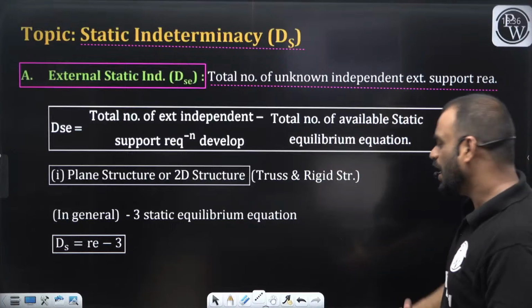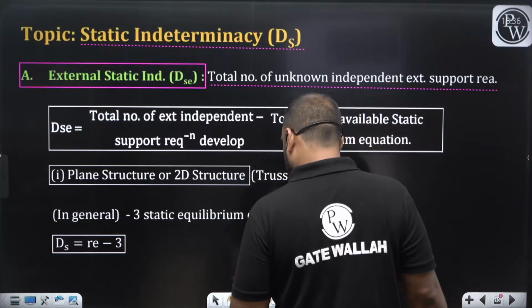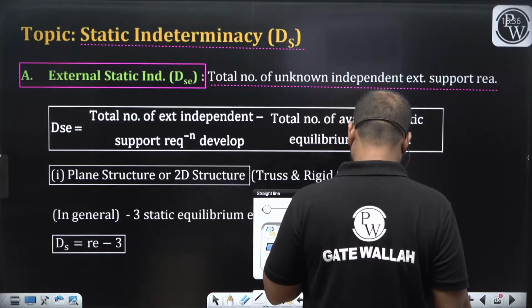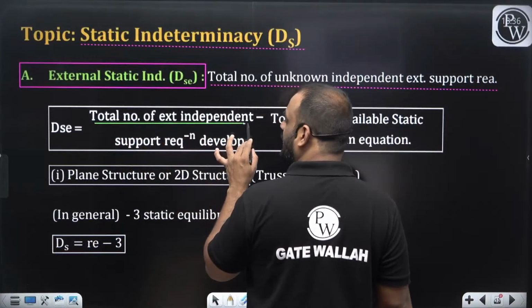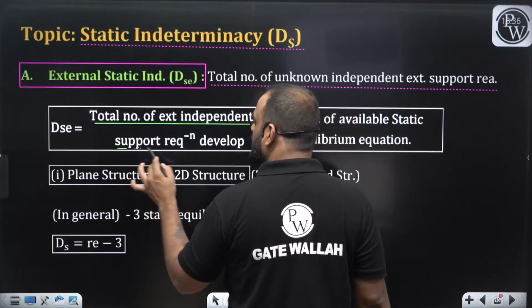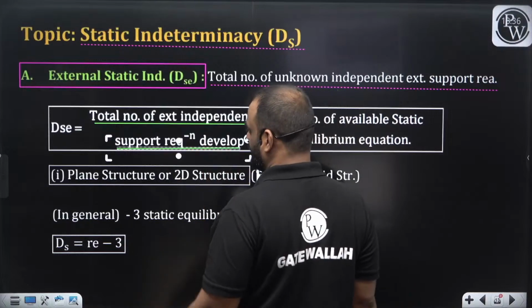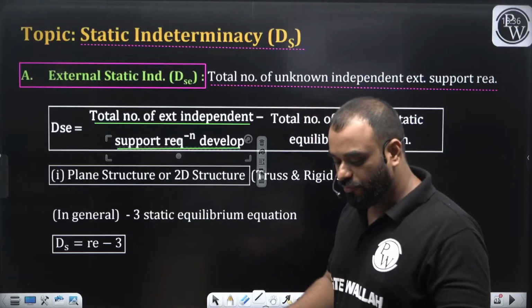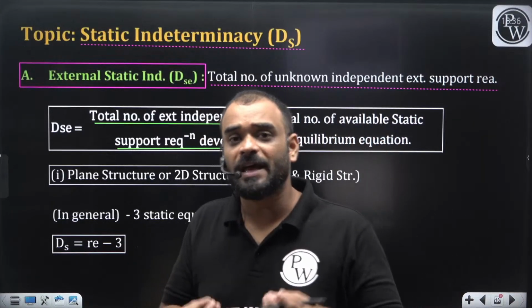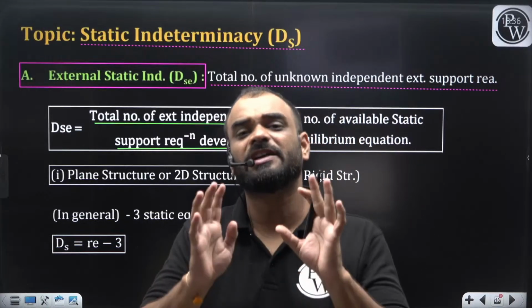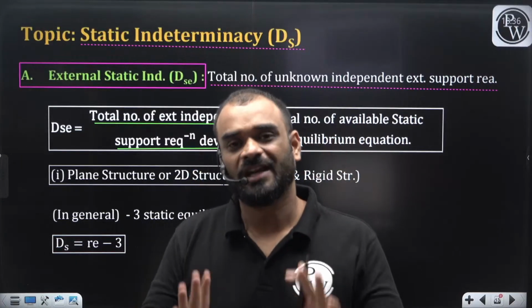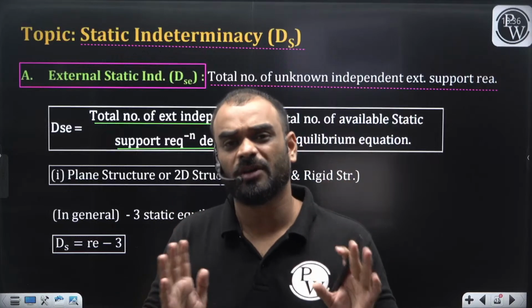So guys, how can we find it out? We need to write two things. One is the total number of external independent support reactions developed in a structure. That means whenever you apply an external force on a structure, it will develop some reaction, and that reaction should be independent. What it means, I will explain.